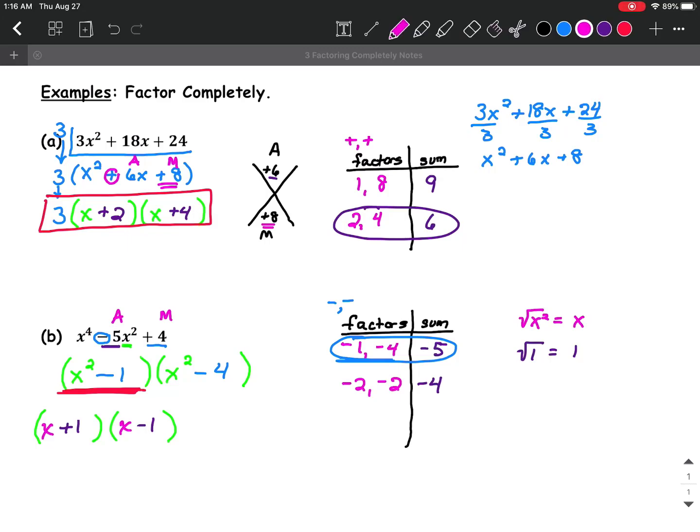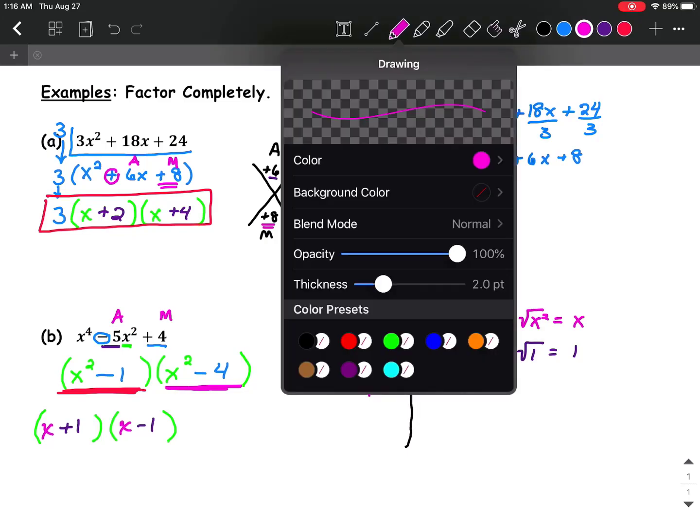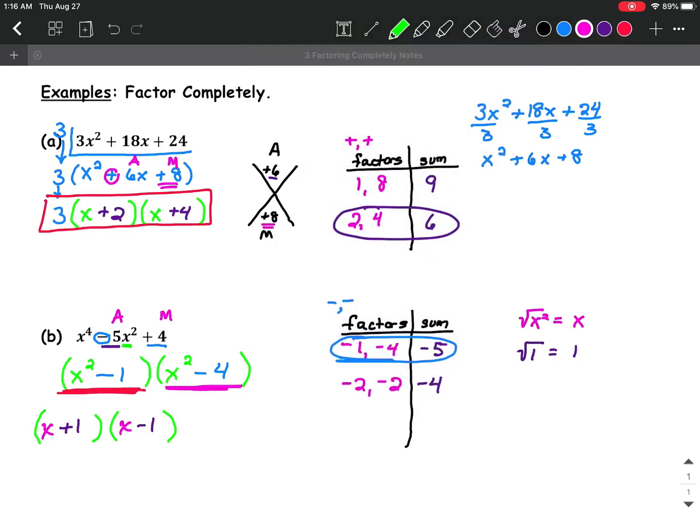But guess what? Do you see it? X squared minus 4 is also a difference of two squares. So we're going to need two more parentheses, okay? And this time, let's see. So our first term this time is also x squared. So the square root of x squared is still x. So we're going to have an x and an x.